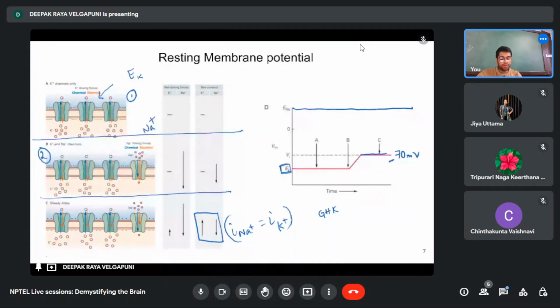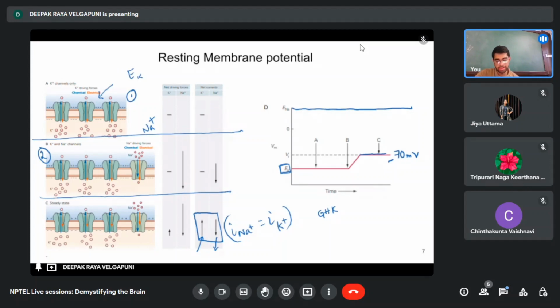Okay. Now I have a question for you. Here we see that the currents are outflowing, there's outflow of K plus and inflow of Na plus. But if this happens continuously for a prolonged period, it nullifies this, and there is no potential difference.